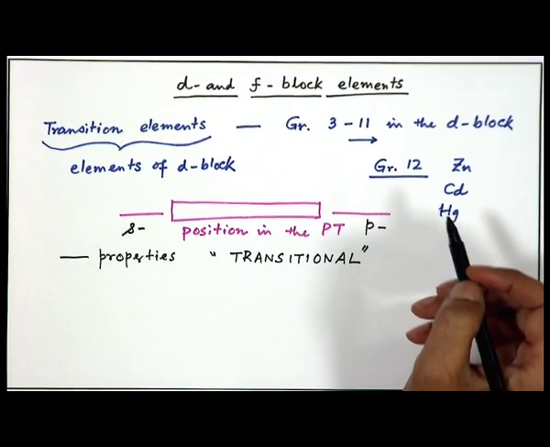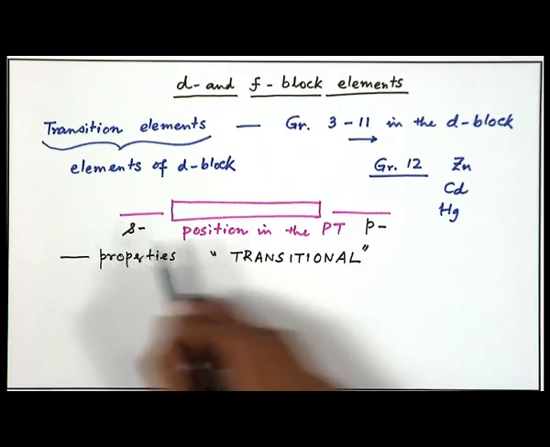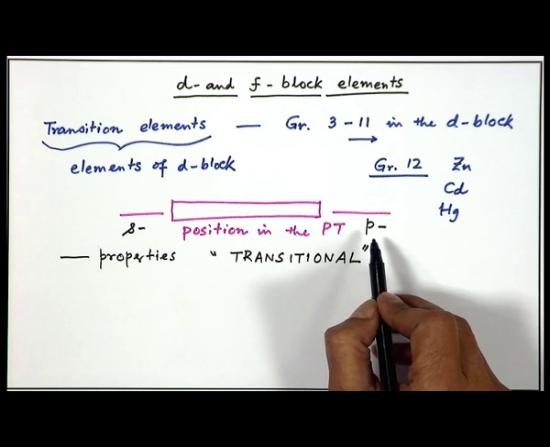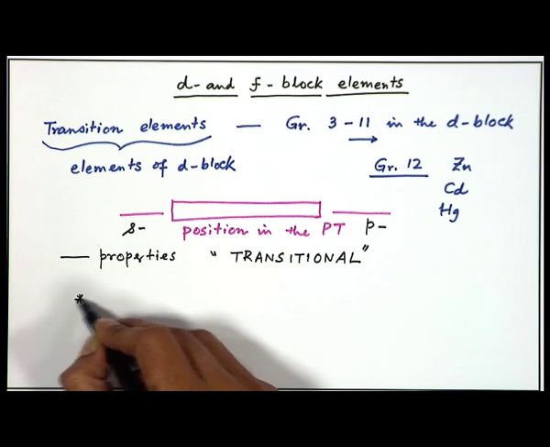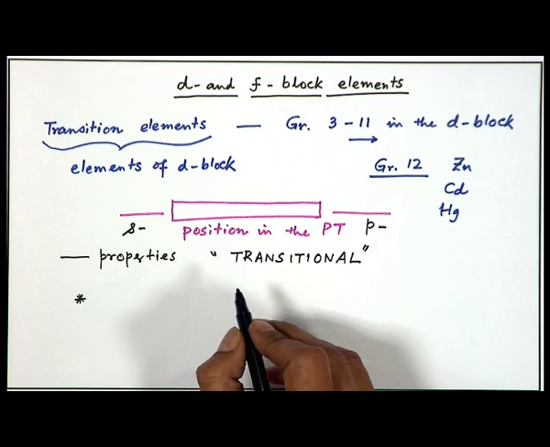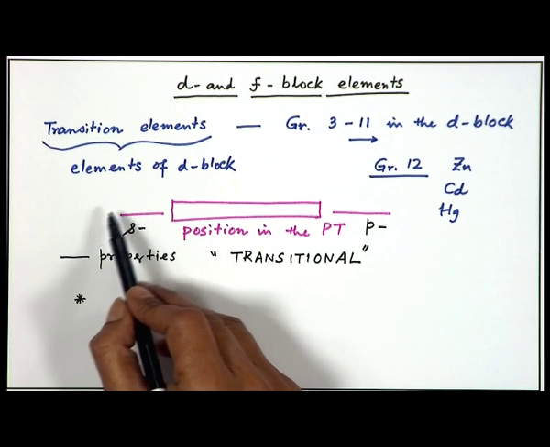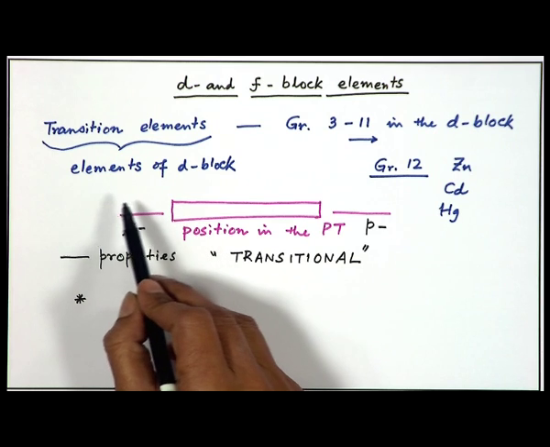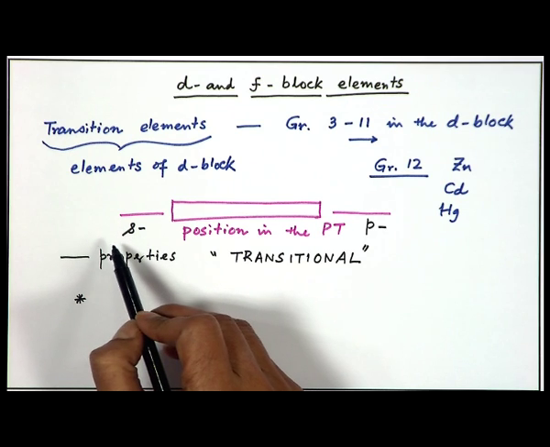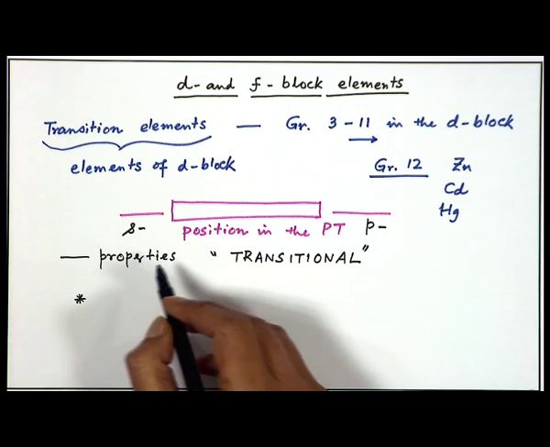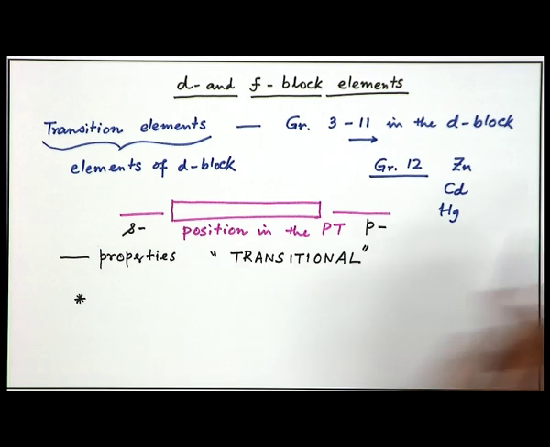That means these properties will be in between S block elements and the P block elements. The first thing we consider is their metallic properties. What are the metallic properties of S block elements like sodium, potassium, magnesium and calcium? We know that they are correspondingly metallic in nature.